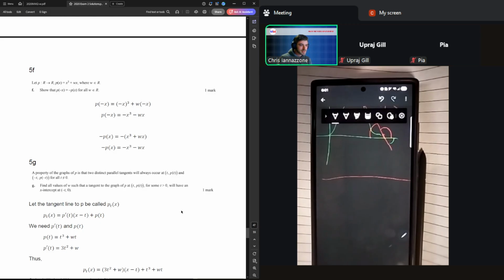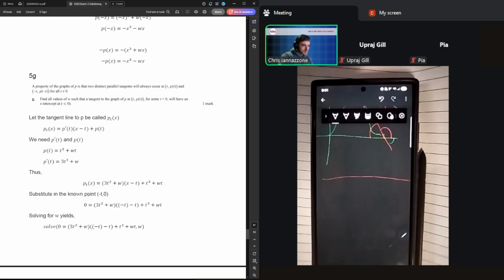Then to find the x-intercept of a linear, what do we have to do? Same as solving an x-intercept for any function, which would just be y equals 0. Now, the nuance that we have here is that, yes, we know it's y equals 0 because x-intercept, but we're also told just where the x-intercept is. We've got the negative t as well.